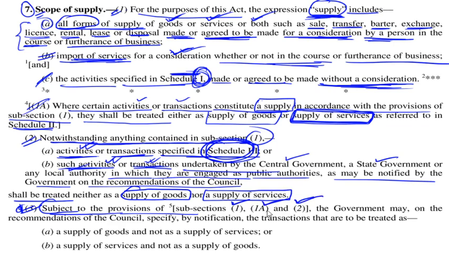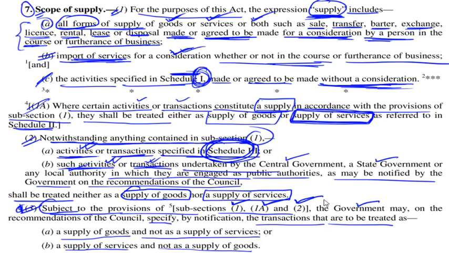Subject to provision of these sections, government may specify the transactions that are to be treated as supply of goods and not supply of services, or supply of services and not supply of goods.